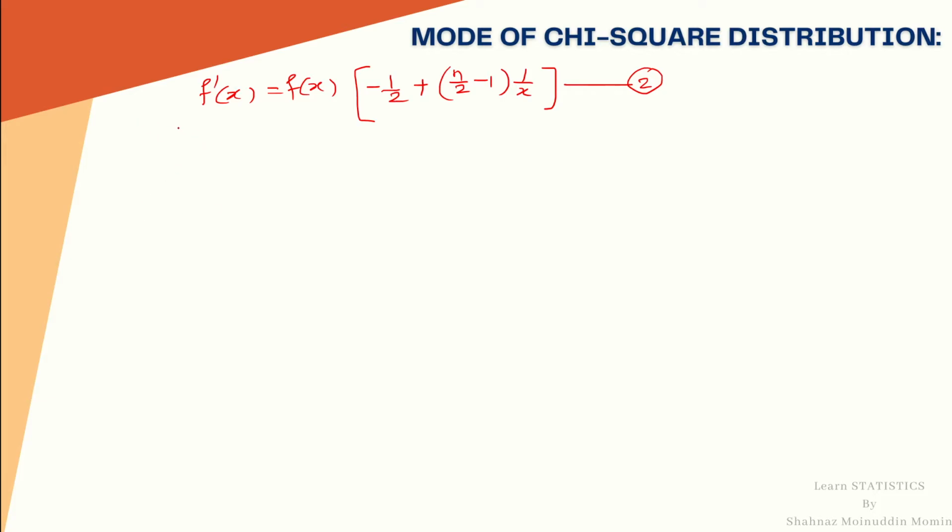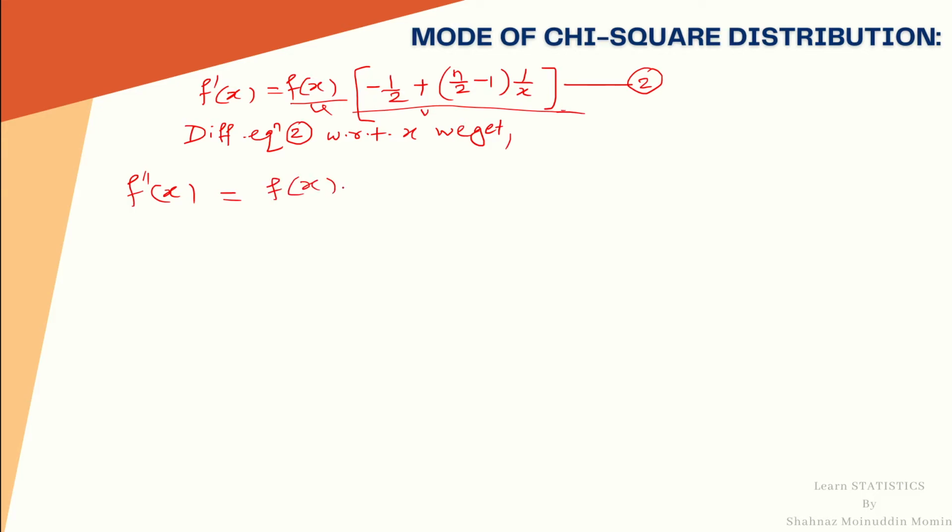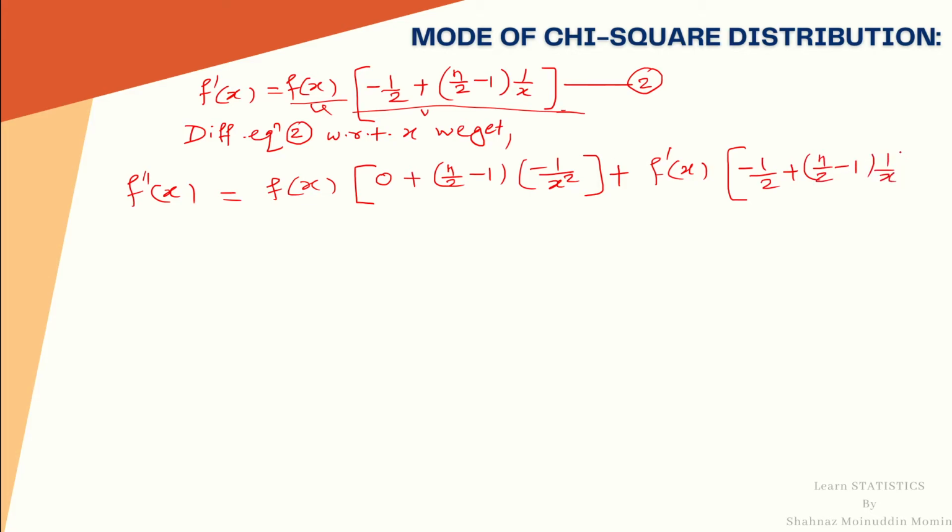Differentiating equation 2 with respect to x, we get f double dash x equal to, this is in u into v form, so we use the product rule of differentiation: 0 plus n by 2 minus 1, the derivative of 1 by x which is minus 1 upon x square, plus the derivative of u, that is f(x), which is f dash x, with the bracket as it is, minus 1 upon 2 plus n upon 2 minus 1 into 1 upon x.